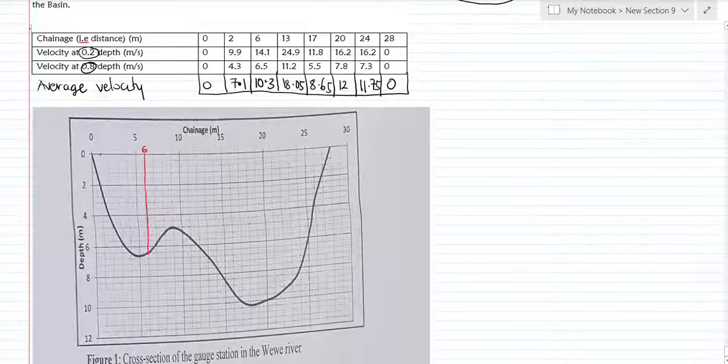It starts from 2. So 0, 1, 2, this is 2. Then you come to 6, then 10. Now it's 1, 1, 1 because of the interval, so 0 to 5 means that every line is 1. So this is 7, 8, 9, 10, 11, 12, 13. So this is 13.